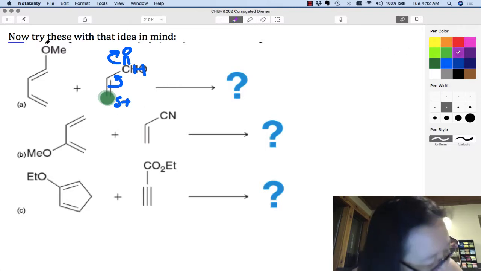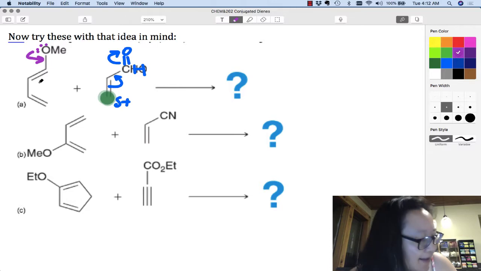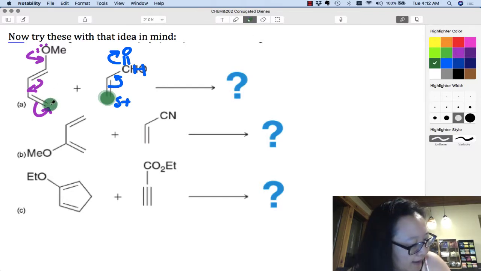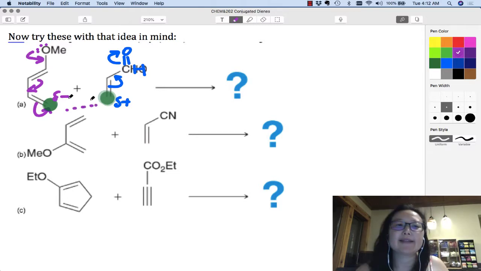Remember, my O is electron donating, not withdrawing, so it's going to go down here. Do you see resonance? So I actually see it like this. So I see negative charge pooling there, right here. So positive here, negative here. So these two are going to want to get together.